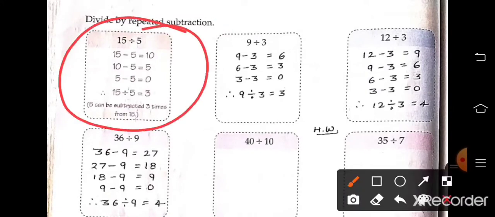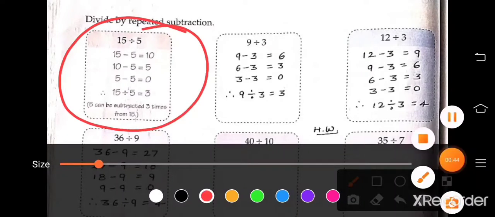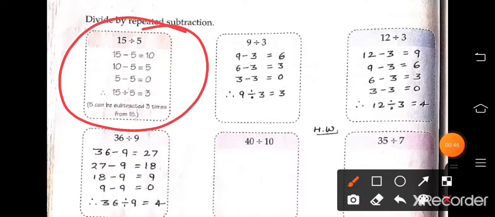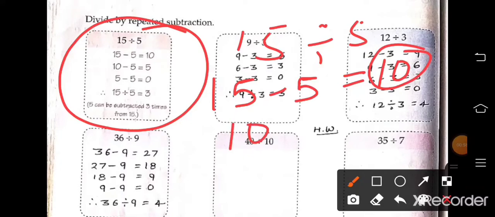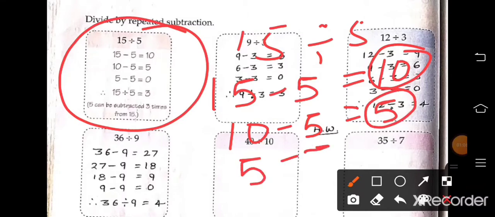Example given here. Okay, so first 15 divide by 5. So first subtract 15 minus 5, 10, then 10 again minus 5, 5, then write this 5, again minus 5, 0.